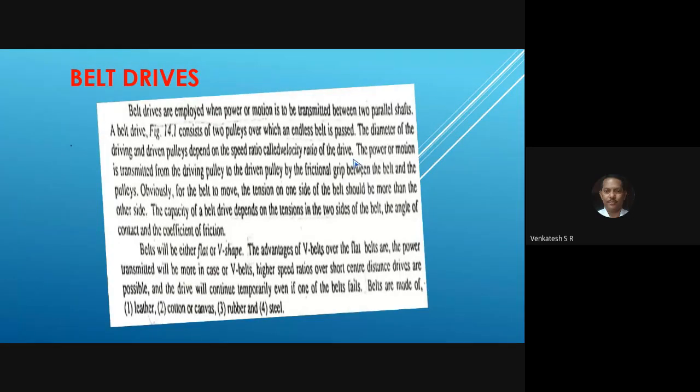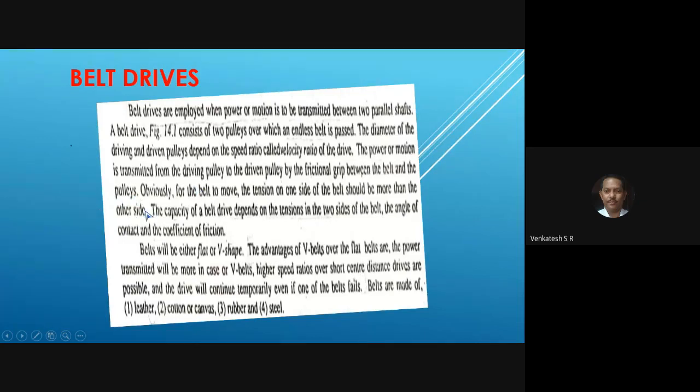Obviously, write down, obviously, for the belt to move, the tension on one side of the belt should be more than the other side.